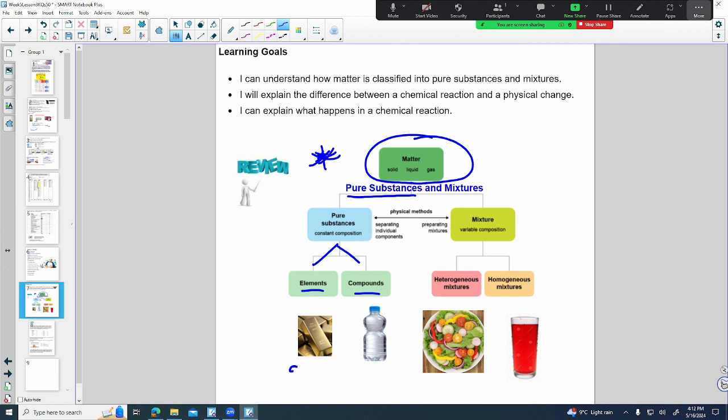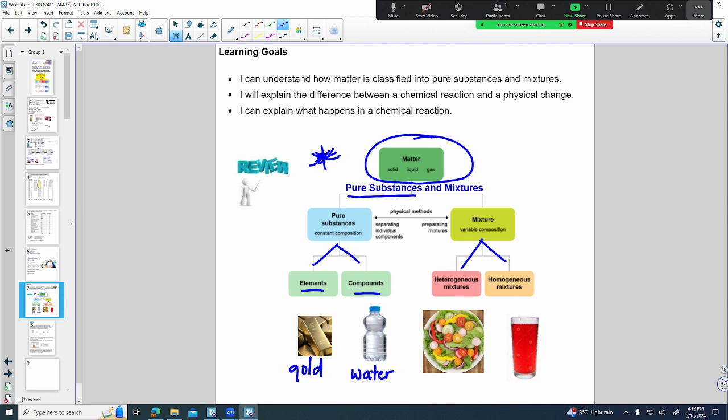So for example, gold is an element and water is a compound. Okay, that's under pure substances. Mixtures can either be heterogeneous mixtures or homogeneous mixtures.